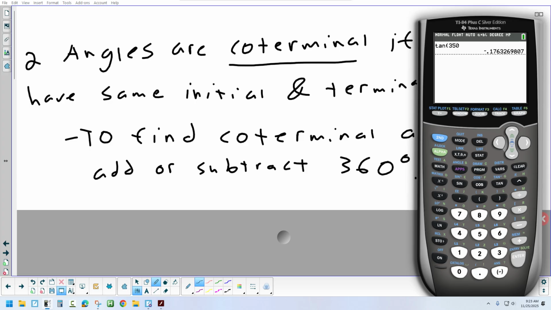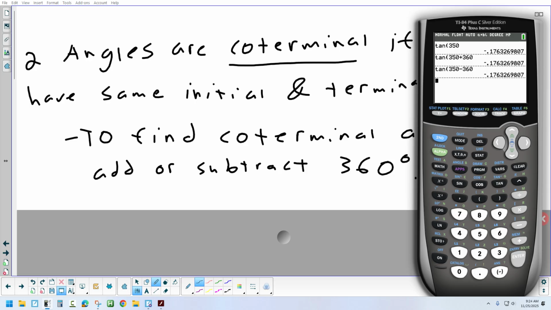Well, if I take the tangent of 350 and add 360 to it, I'm going to get exactly the same answer, because adding or subtracting 360 gives you something that is what we call coterminal. Coterminal angles will come out exactly the same when we start looking at trig functions. So the advantage is, rather than working with 350, I could subtract 360 from it, and 350 minus 360 is negative 10.